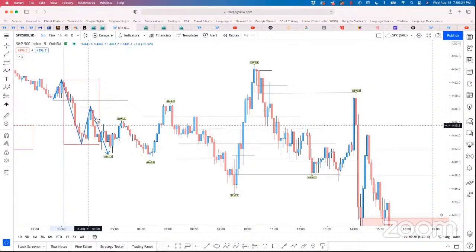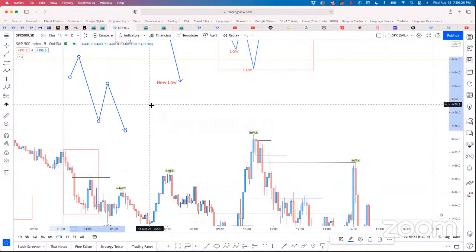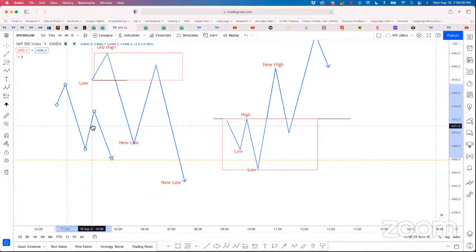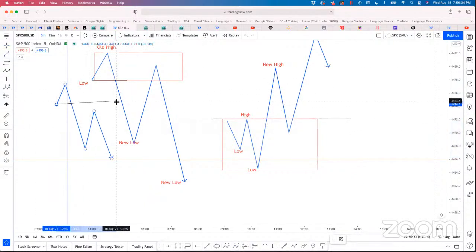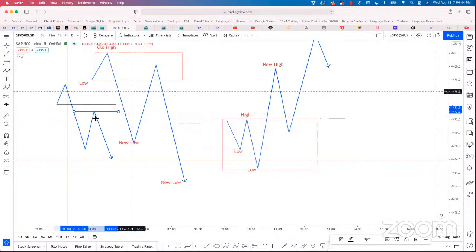So this same little piece that I drew up right here is exactly this same situation with one additional piece of information that gave you a rebalance right here. But overall, it's the same thing.